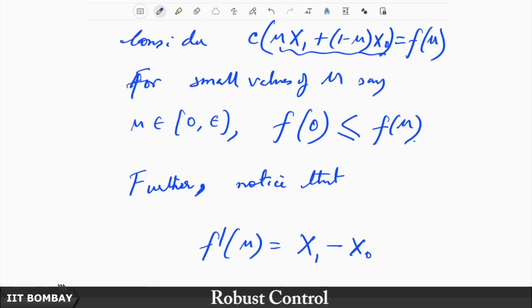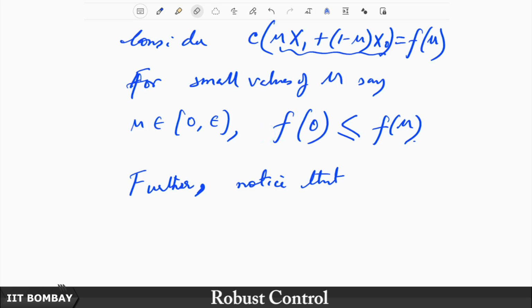I should not really technically differentiate it like this, but anyway, you get the point. If you differentiate f as a function of mu only, you get some constant direction, you get some constant.